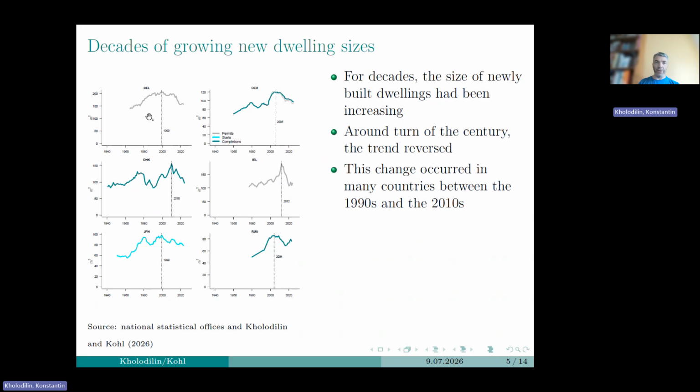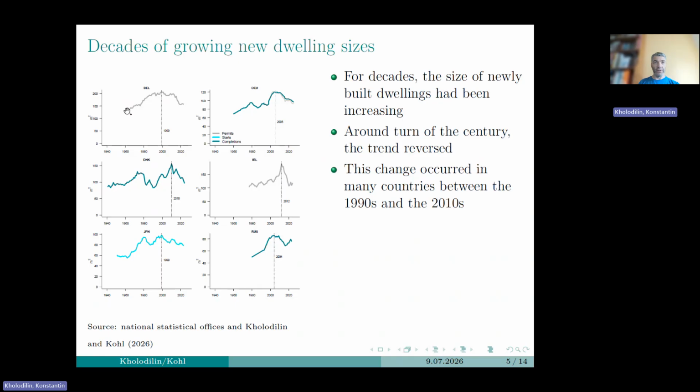I showed here 6 different countries; more countries wouldn't improve the visibility. Plus, for these countries, we have a longer time period. What is common for all of these countries is that we have an upward trend. It's not straight, it's not smooth. You have some fluctuations here. We'll talk about reasons for these fluctuations, but that's an upward trend.